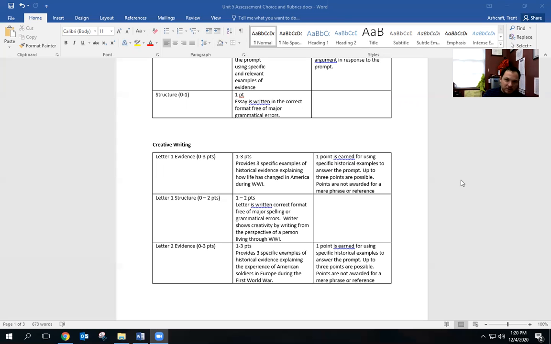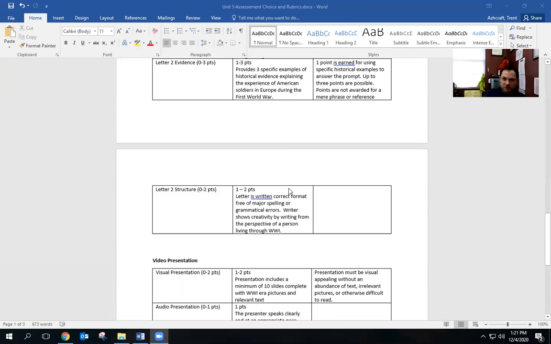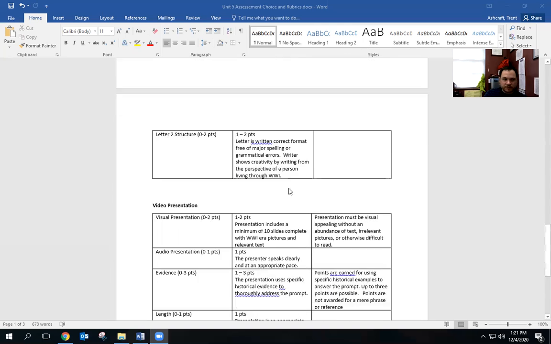Again, it cannot be a mere reference to 3 different examples. It needs to be something that is an explanation of those 3 bits of evidence. And then up to 2 points for doing it in the correct structure. Written as a letter, showing creativity, free of significant grammatical errors.